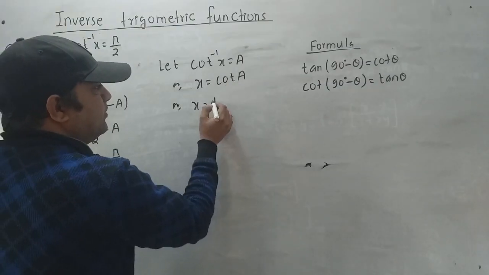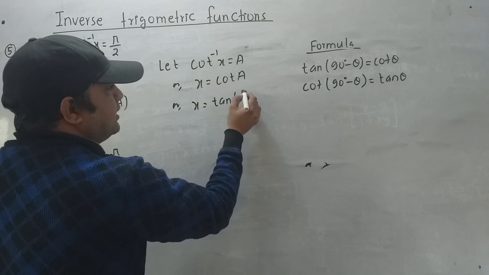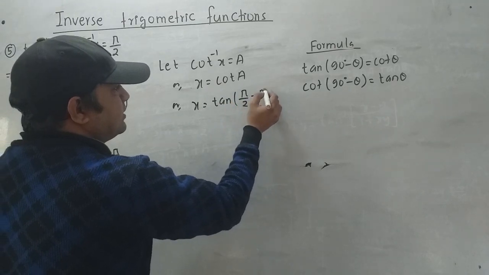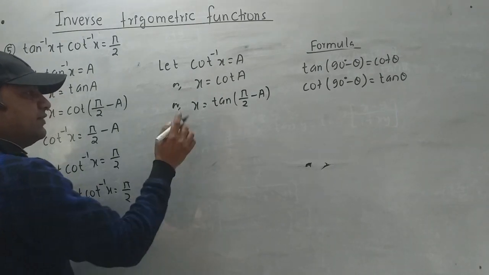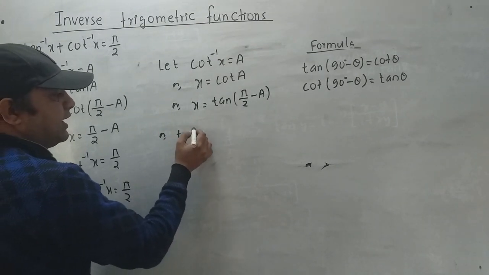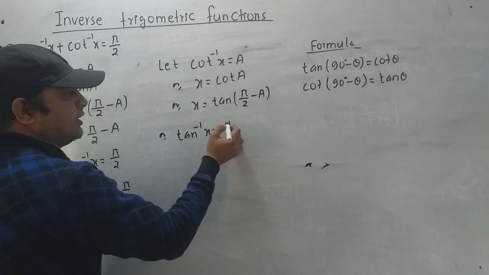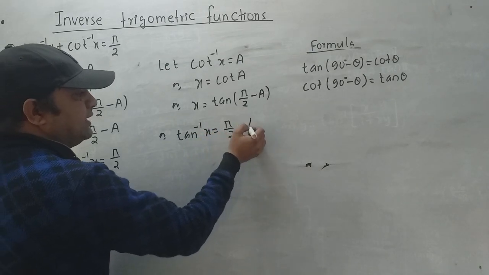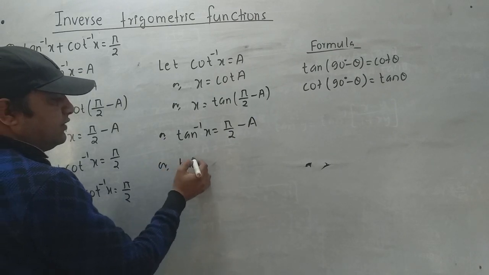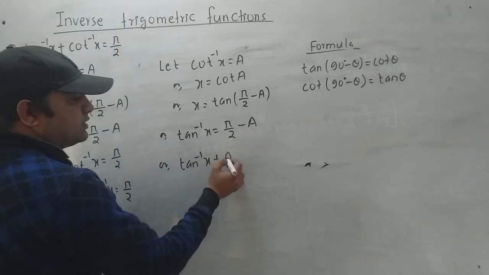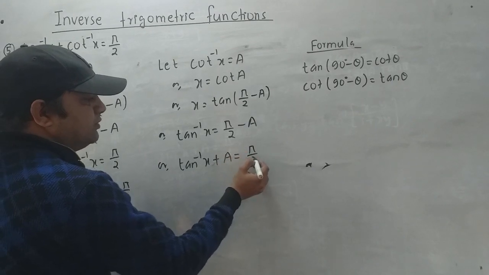Transporting tan to the left hand side, tan inverse x equals pi by 2 minus A. Taking minus A to the left hand side, tan inverse x plus A equals pi by 2.